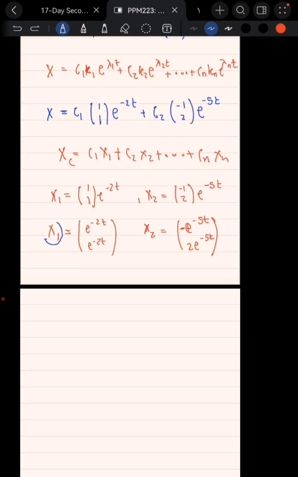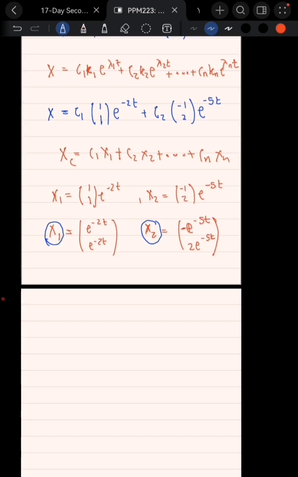The entries in x1 will form the first column of the fundamental matrix, and the entries in x2 will form the second column of the fundamental matrix.